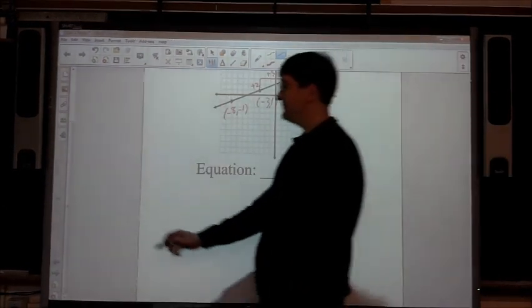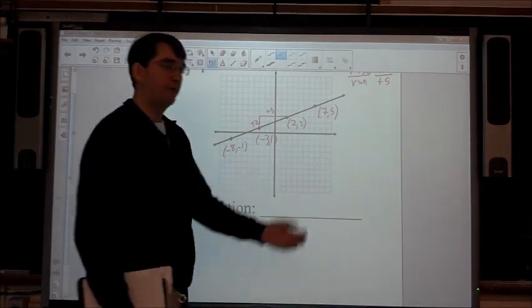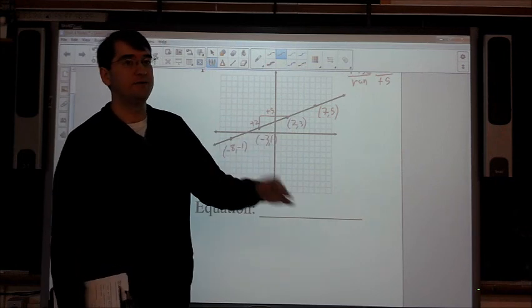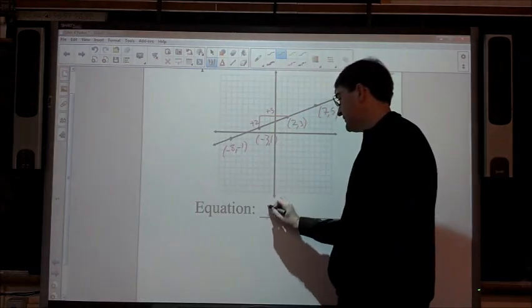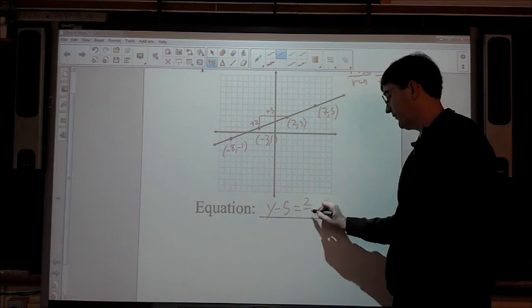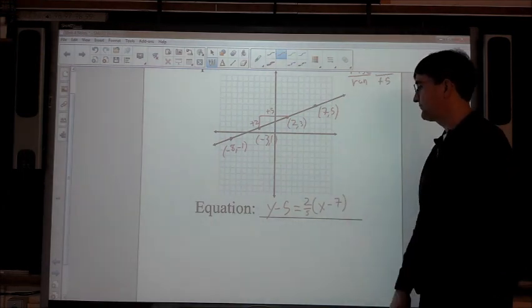For simplicity, I would recommend picking the one that doesn't have any negatives in it at all. Because that way we don't have to worry about accidentally messing up. Should this be negative? Should this be positive? When I'm writing it in the equation, I just have that 5 is the y-coordinate, so y minus 5 equals the slope, which was 2/5, times x minus 7.